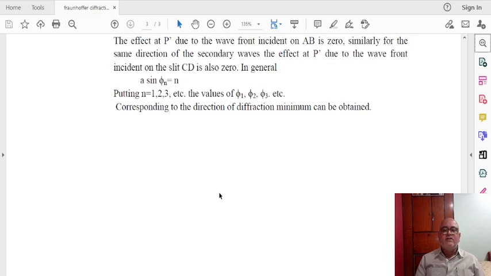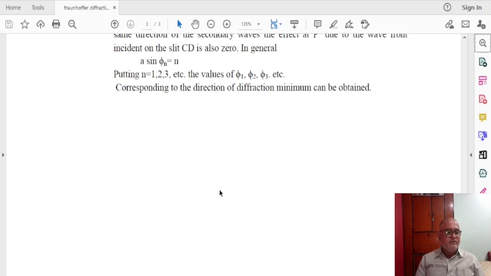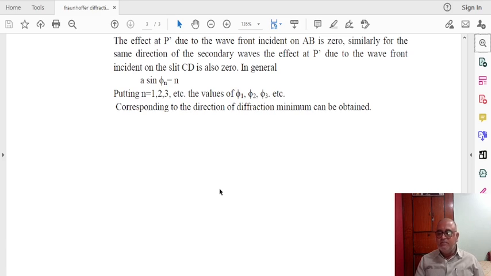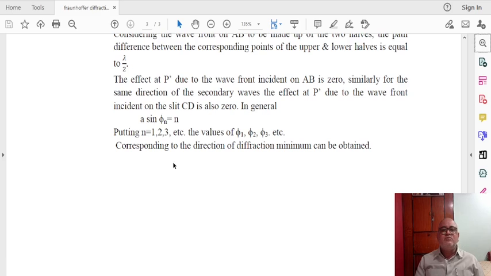In this way, by this formula we can calculate the Fraunhofer diffraction at a double slit, by which we will get the correct answer.